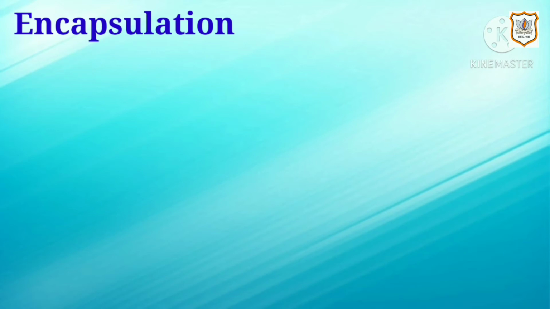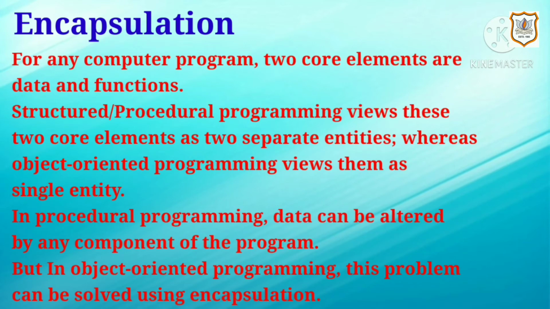Next topic is encapsulation. For any computer program, two core elements are data and functions. Structured or procedural programming views these two core elements as two separate entities, whereas object-oriented programming views them as a single entity.